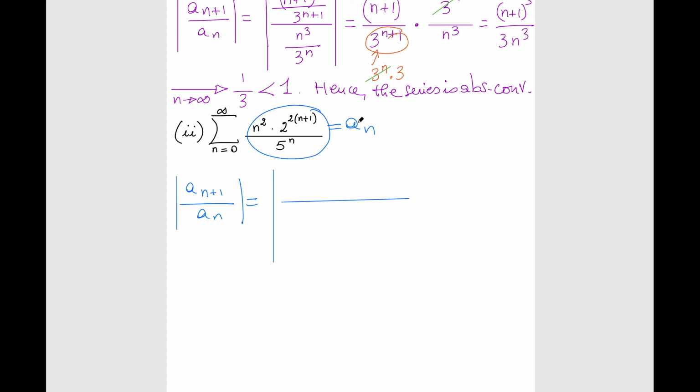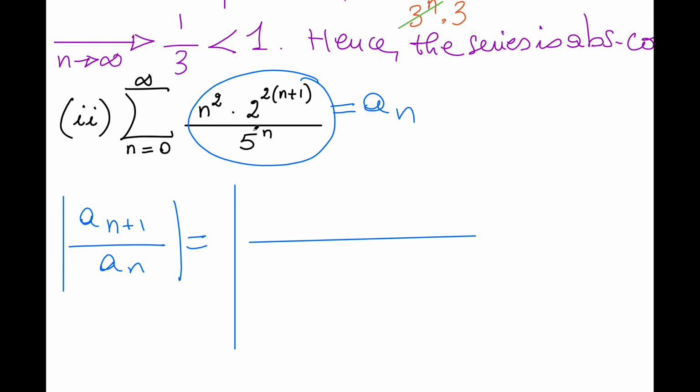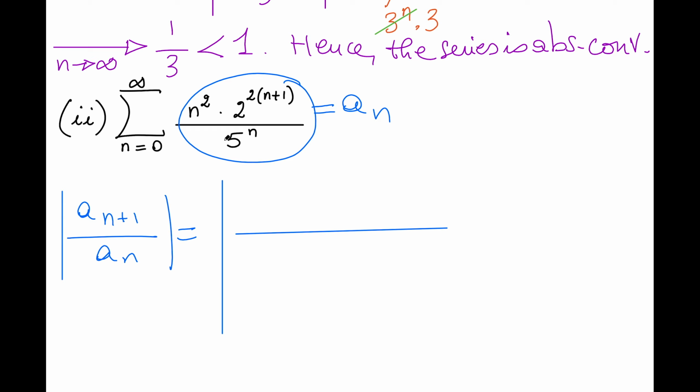Because this is an. So I'm going to have n plus 1 squared times 2 to power 2 times, remember the n has to be replaced by n plus 1. Think about it. N has to be replaced by n plus 1 plus another one. That's n plus 2.